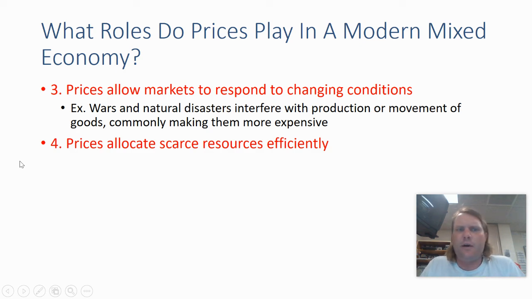And then at the end of the day, a fancy way of saying that prices are kind of fair is that they allocate scarce resources efficiently, meaning we're not going to run out of things. At the beginning of COVID, everybody ran to buy as much toilet paper as possible.